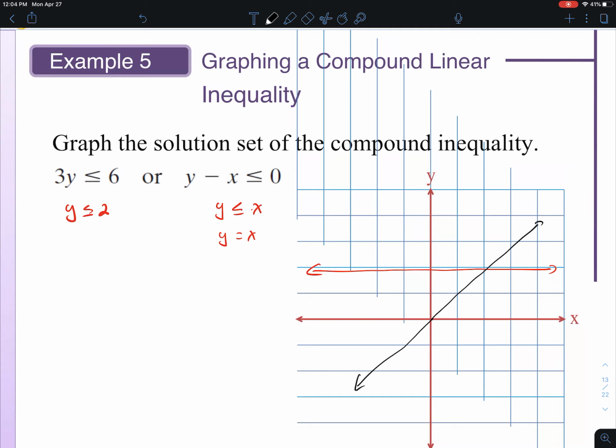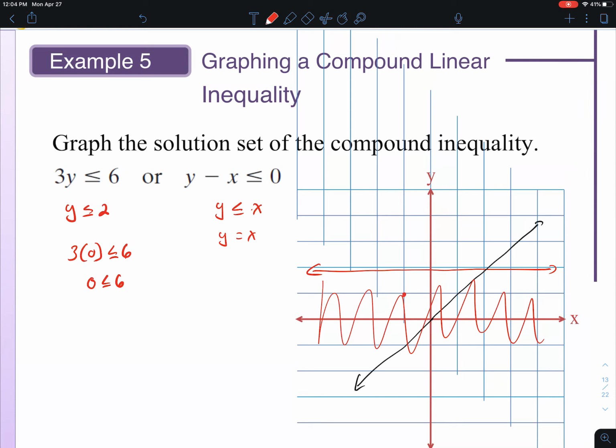Right? And so now, for this one, let me pick a test point. This one's going to be in red. So 3 times 0 is less than or equal to 6. 0 is less than or equal to 6. So that's a true statement. So I am going to shade everything that's below. Now for this one here, this one actually goes through the origin, so I can't pick that.